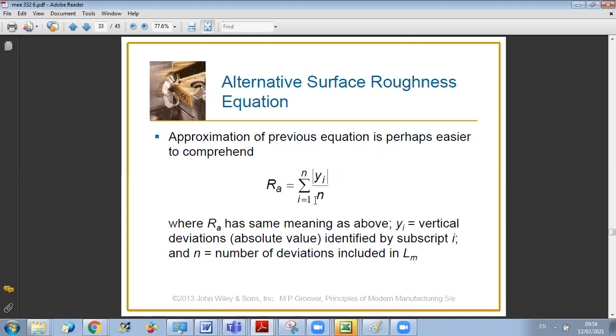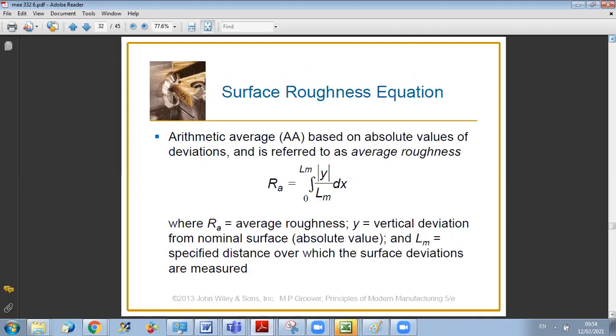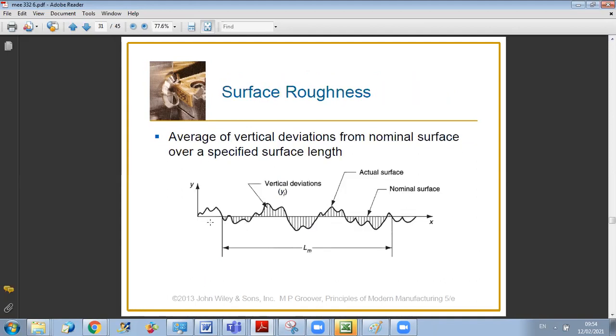Okay, so this is an easier way to define roughness, because if you want to do integration, you need an infinity of measurements to be able to draw y as a function of x and then do the integration procedure. So to facilitate this measurement, we can take several points on the surface like this. Okay, and for each point we measure the corresponding deviation, and then the value of roughness can be calculated. Okay, so any question until here?